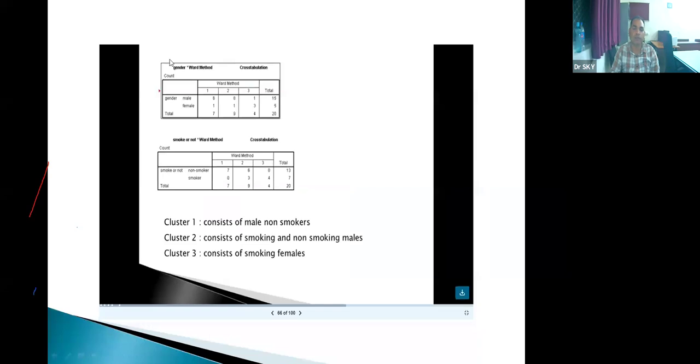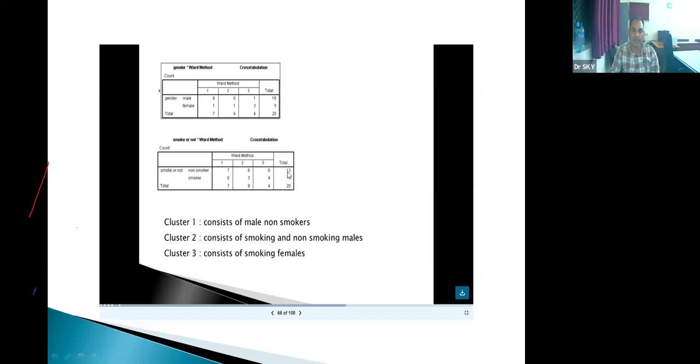See here, cross tab, gender, male, female, and the Ward method, which means we have 3 groups, cluster 1, cluster 2, cluster 3. You can see that 6 males are in cluster 1, 8 in cluster 2, and 1 in cluster 3. So 15, this 5, 10, and this way. Now we come to another characteristic, that is smoking.